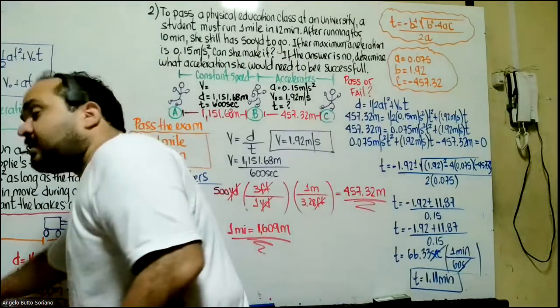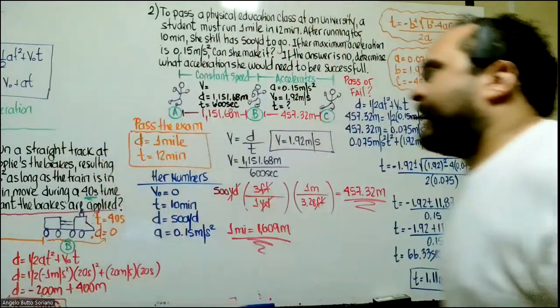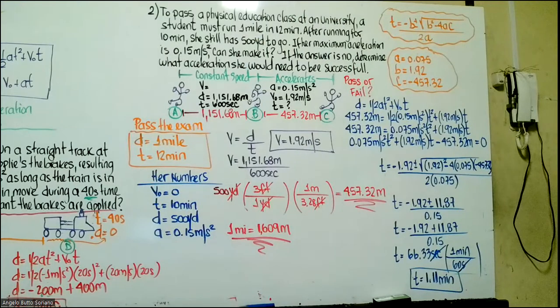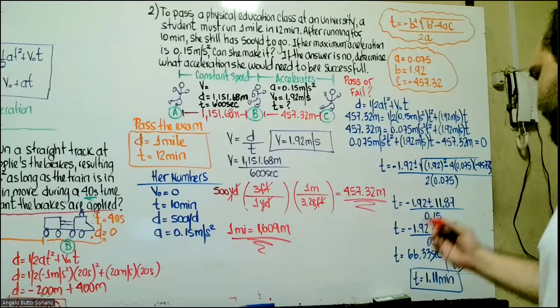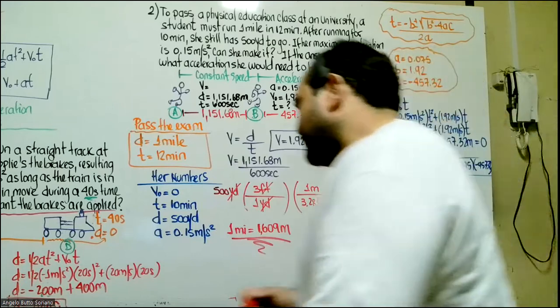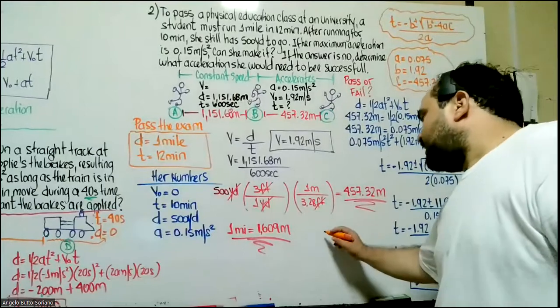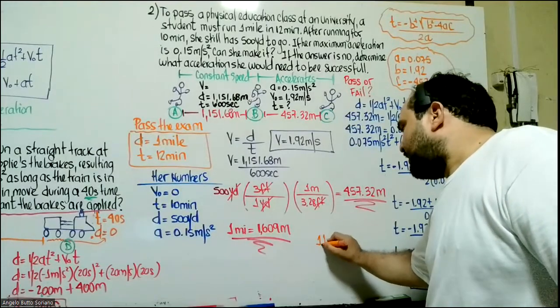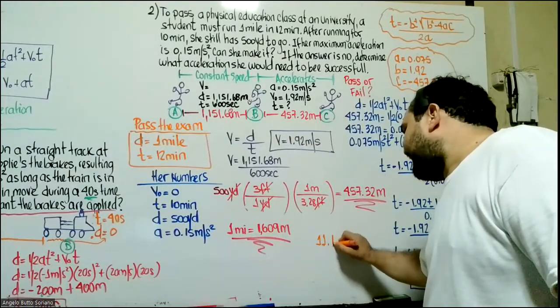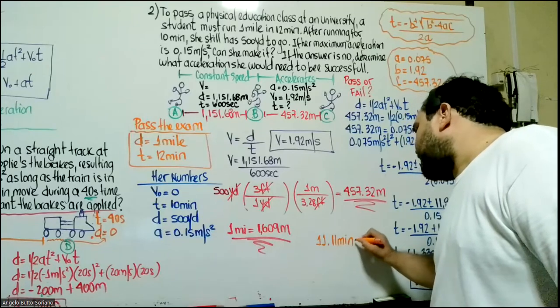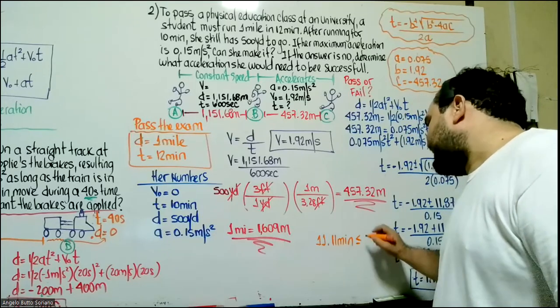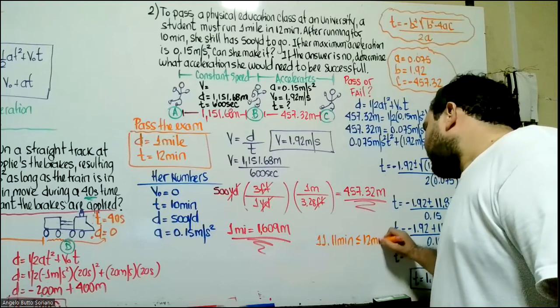Remember, the requirement: she's supposed to pass the exam if and only if the period of time is equal to or less than 12 minutes. For that reason, because she has a total period of 11.11 minutes, and this quantity is less than or equal to 12 minutes, what does that mean?